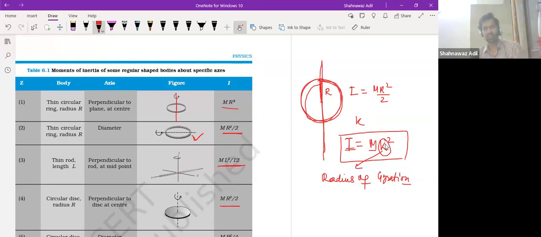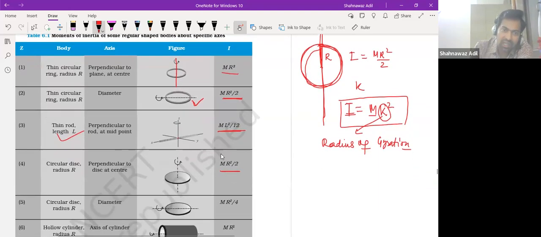Let's say I want to calculate the radius of gyration for this thin rod of length L. For the radius of gyration, my moment of inertia would become mk square.